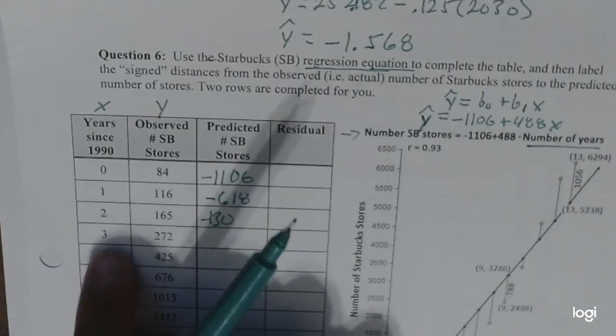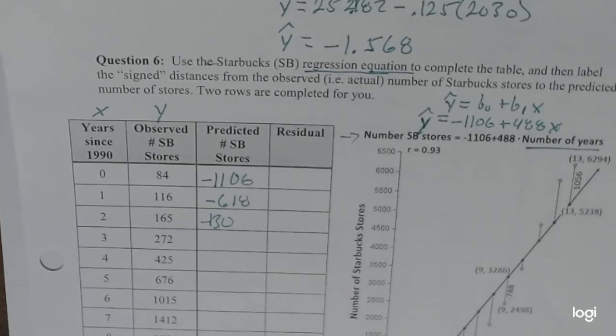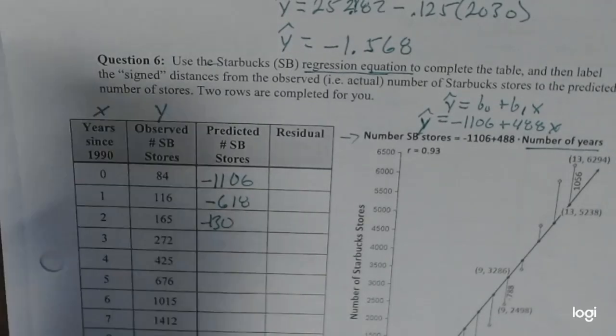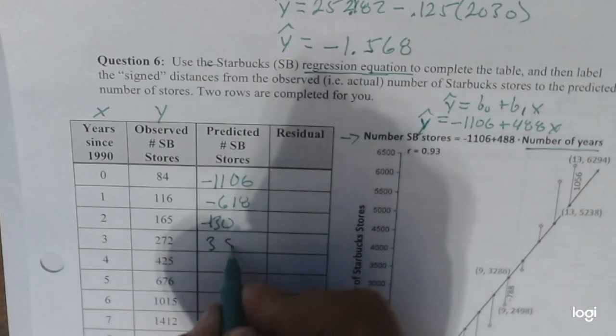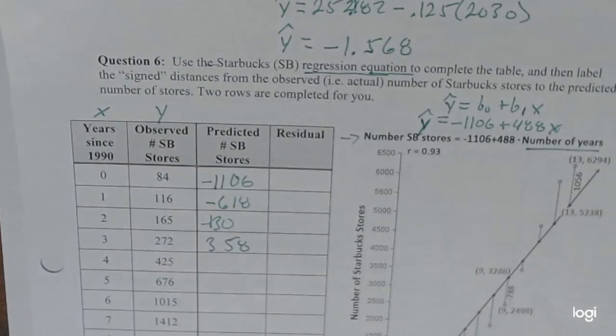So if we plug in 3 now into our equation, you get 388, and we just keep going. I'll just go a little bit faster.